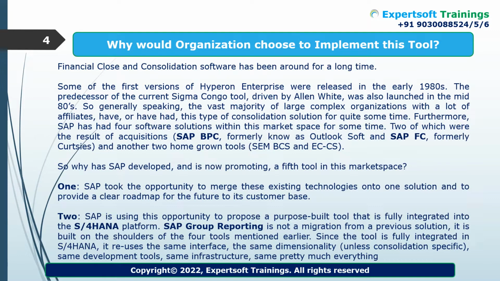If you want to migrate other modules, it might be possible, but when it comes to group reporting, we cannot migrate. We need to freshly implement, starting from the configuration, as we will go through in the next modules. Okay. Thank you.